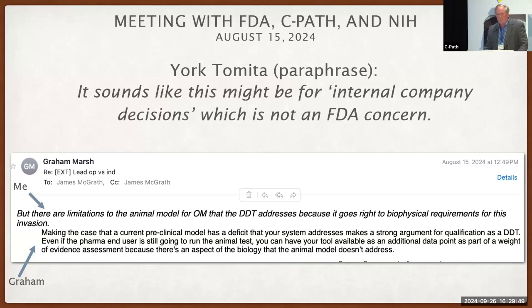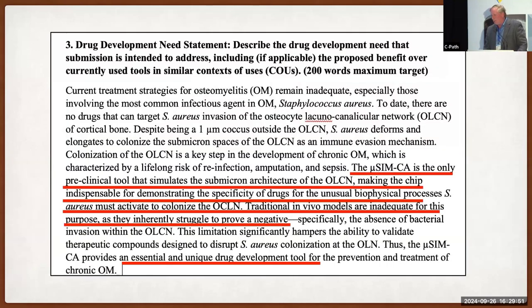So this was the light bulb that turned our statements into statements that really hone in on the fact that the only way a drug developer is going to assess whether or not the mechanism of action is actually working for their drug, and use that as part of an IND package, was with our tool. You can't actually do it with the animals. You can't do it with any other in vitro assay.